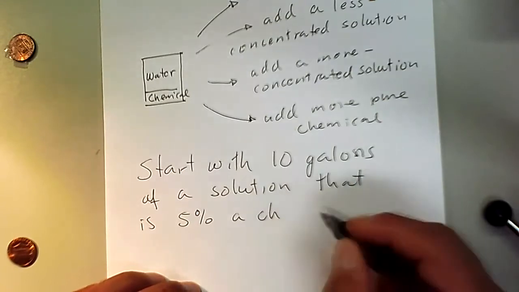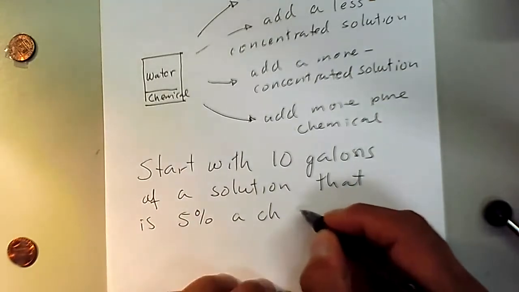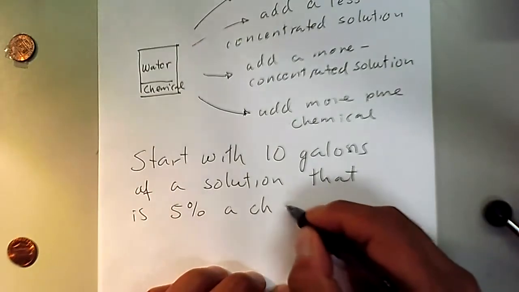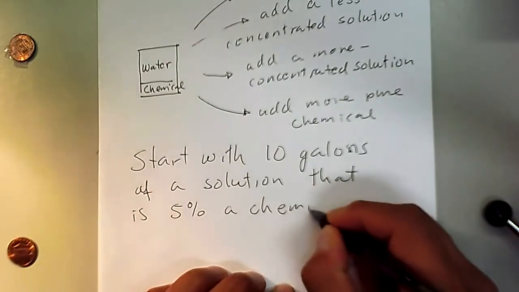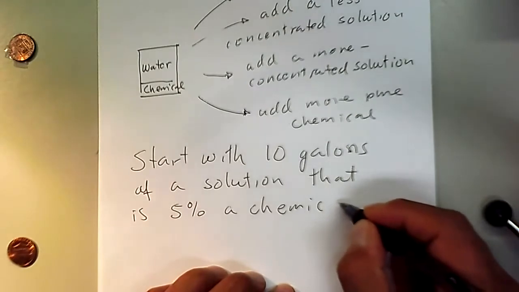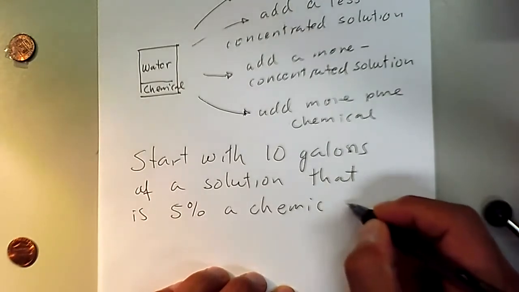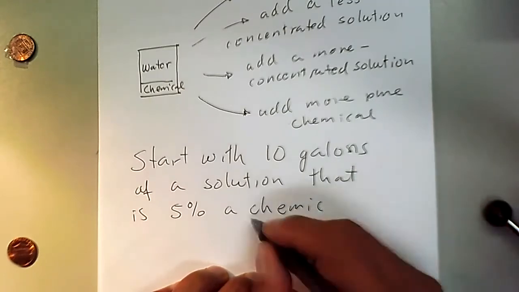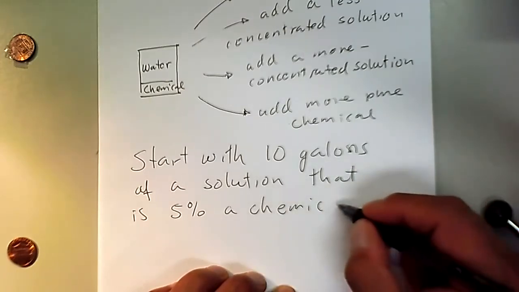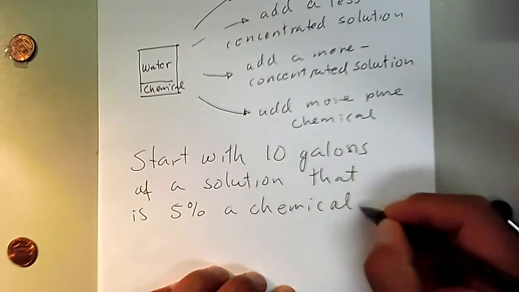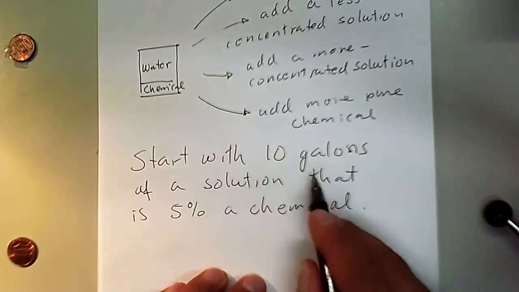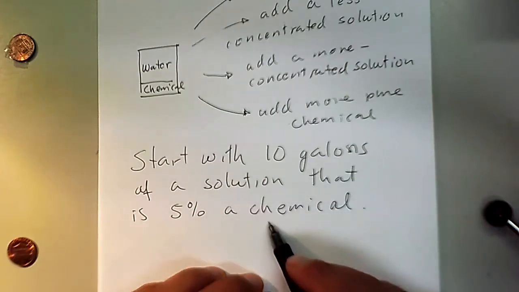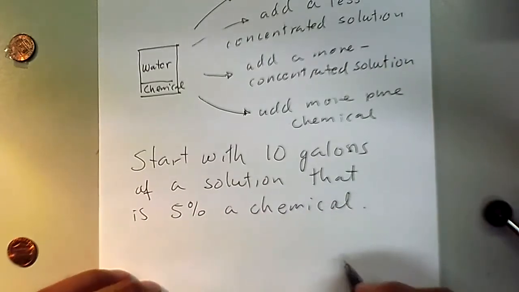Again, it could be some kind of salt or some kind of, to be perfectly honest, I do not know much about chemistry. So I do not know what mixes with water very well. I think proteins do. So maybe some protein. But I'm just going to call it generically some chemical. There we go. So we're going to start with 10 gallons of a solution that is 5% a chemical.